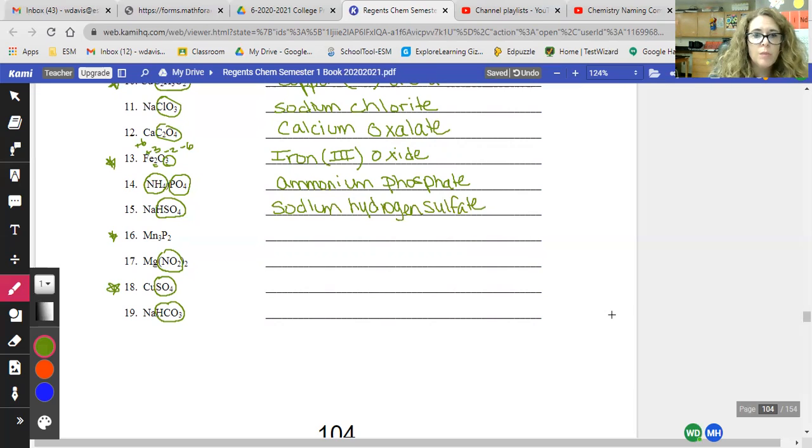I know I need a Roman numeral, so manganese, and I'm going to leave my space for my Roman numeral, and that's phosphorus, so that's going to become phosphide, not phosphate, because that would be PO4. And now I need to figure out what the charge is. Well, I probably can reverse crisscross this and grab that too.